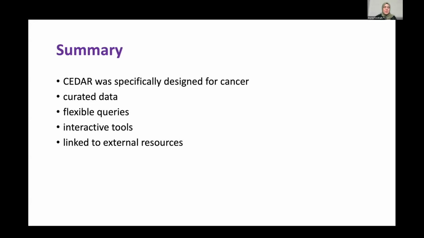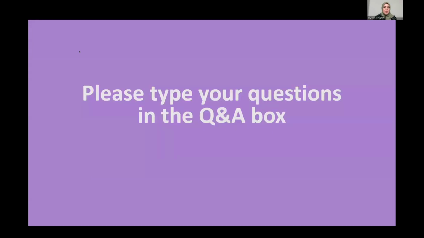So hopefully it's very user-friendly. But of course, as Nina mentioned, we always want to hear back from our users on how we can improve CEDAR to be more user-friendly for you guys. And please, you can type in your questions in the Q&A box, and I'll be happy to answer them.